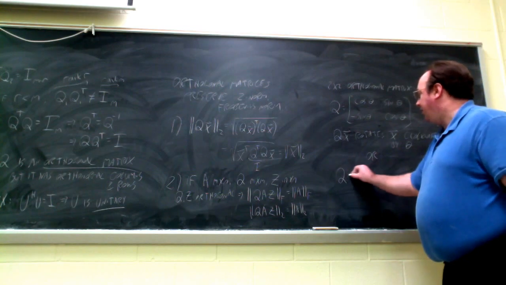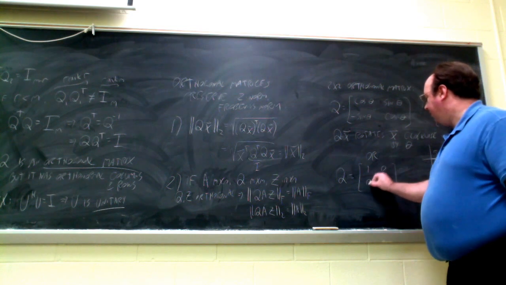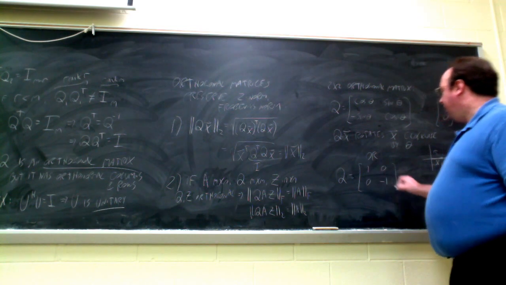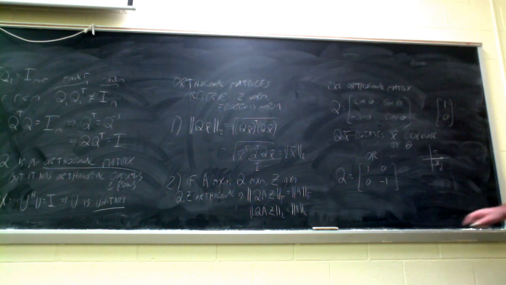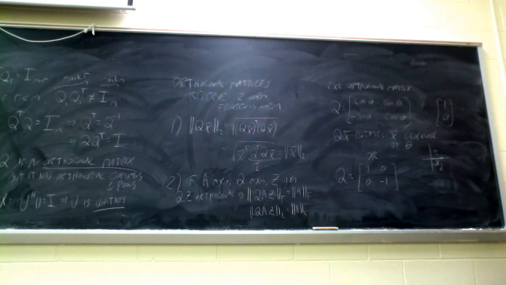So I could have a matrix like this, for instance. What geometric operation would that perform? If I multiply this by a vector, you're negating the y component, and the x component is staying the same. What would we call that? This looks like a reflection.